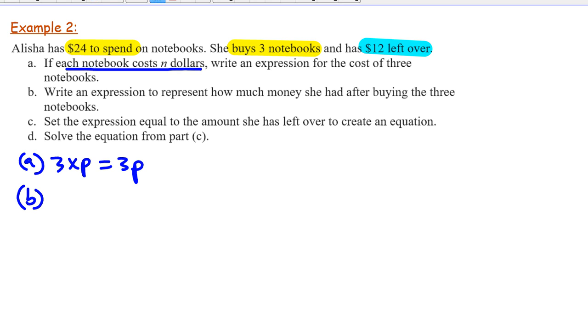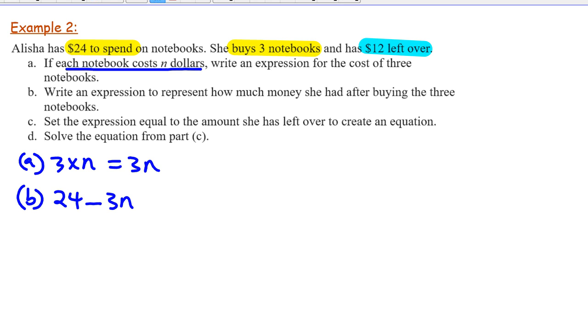So after buying, she's lost some money because of the money that she used to buy the books, which means she started with 24, and 3N has been paid for the 3 notebooks. So what she's left with is 24 minus 3N.